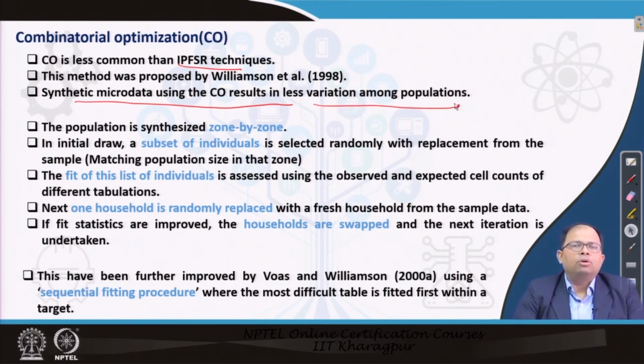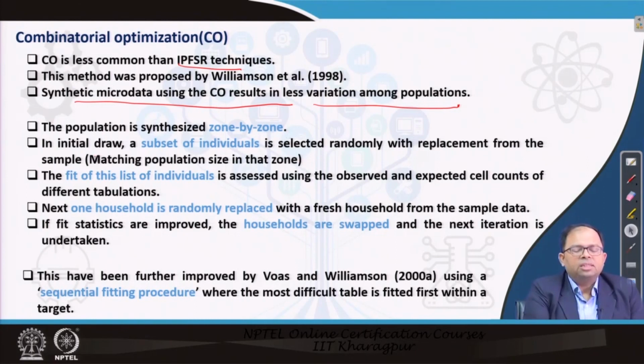So this is a more robust procedure compared to the IPF technique, but of course it is more computationally intensive. And the population is synthesized zone by zone. That means we have to do it for each zone separately. We cannot do it for the entire city together, or the urban area or the region together.